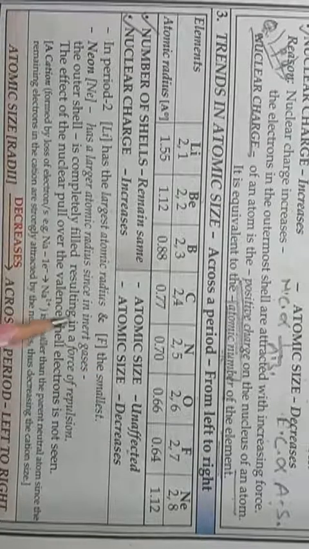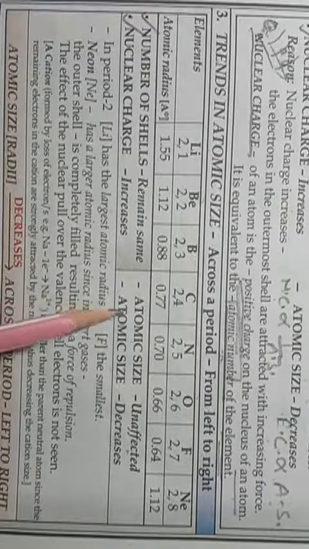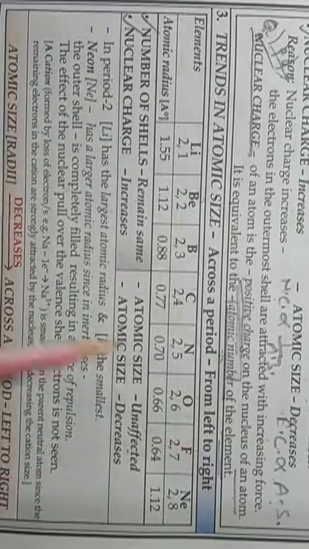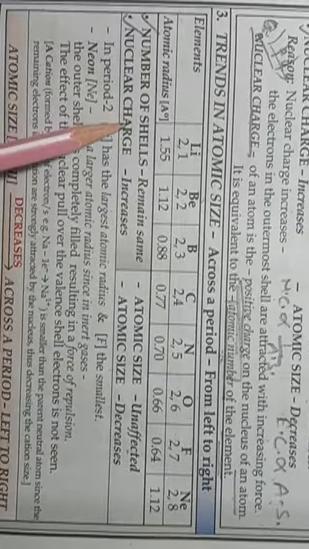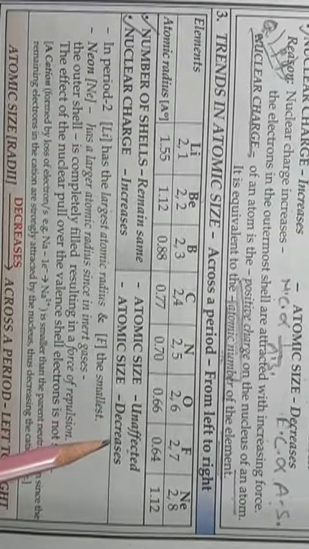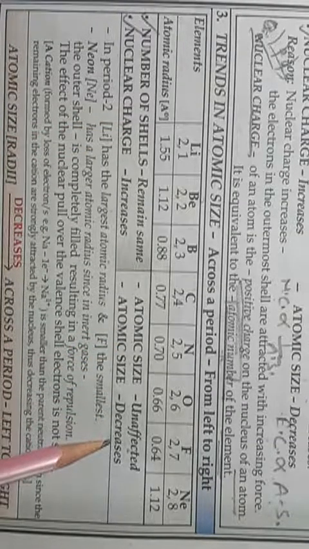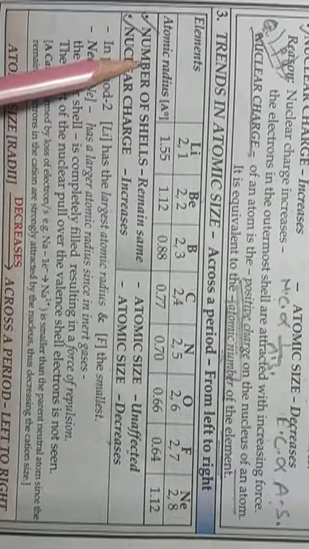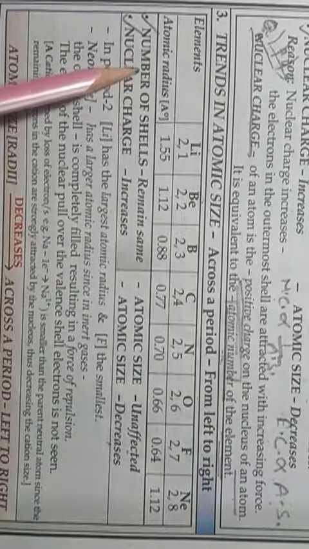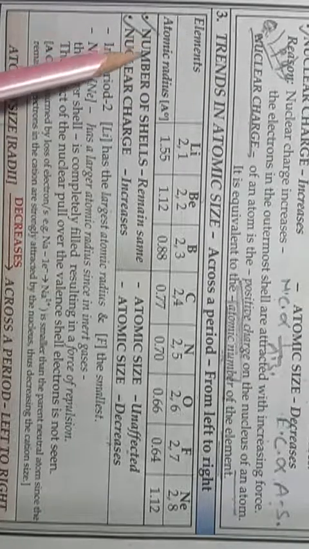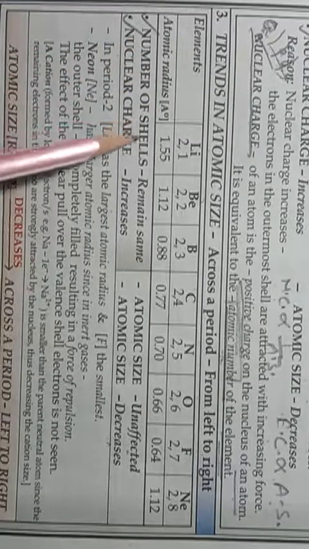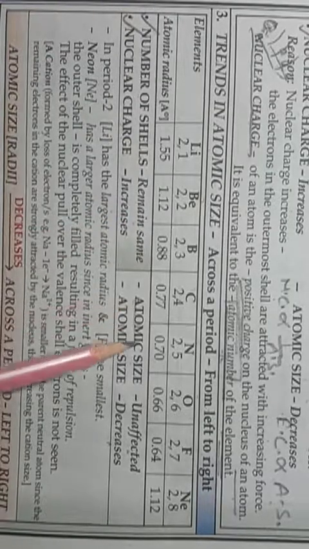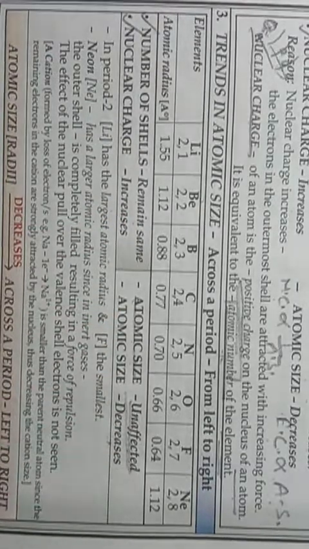Okay children, so overall what is the trend of the atomic radius or atomic size in the periodic table in the period from left to right? In the period it decreases. According to the first point, because in a period all the elements have the same number of shells, their atomic size should be the same, unaffected.